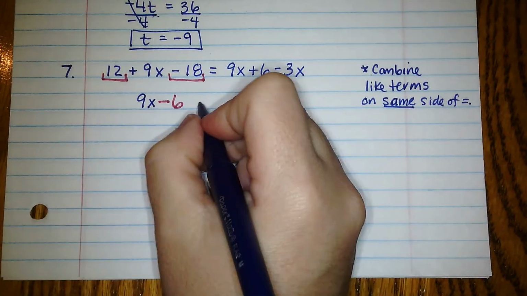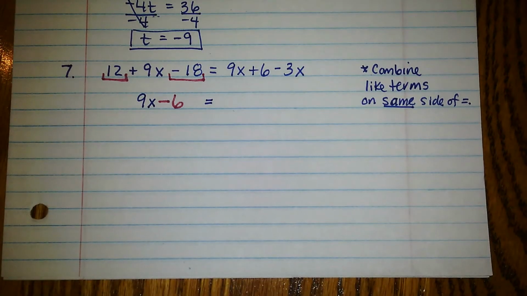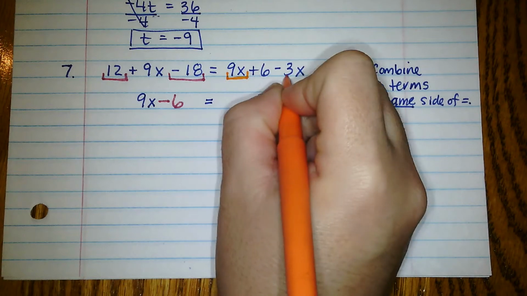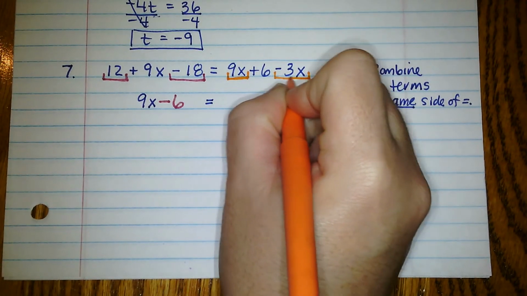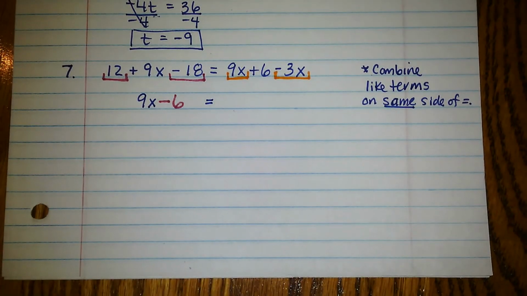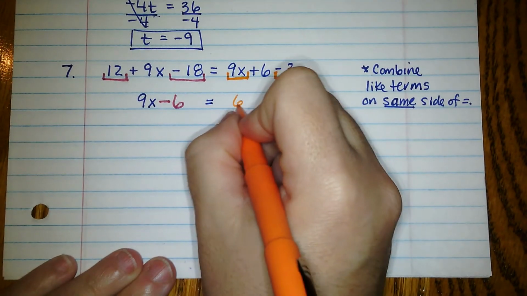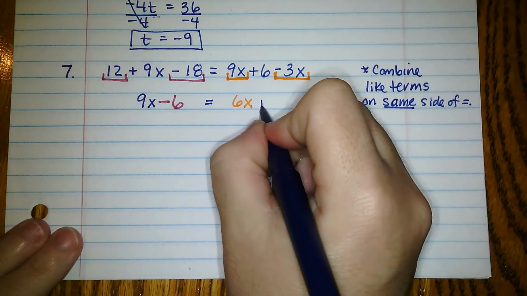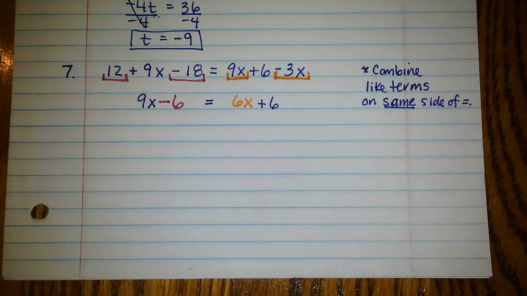Then I've got an equal sign. On the other side of the equal sign, I've got like terms that are the x terms. So I've got 9x plus negative 3x. And when I combine those, I'm going to get 6x and bring down the plus 6 because that plus 6 is like the original. Nothing's changed.